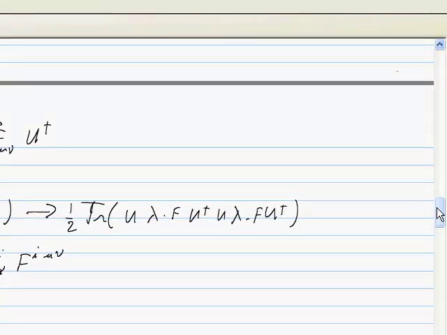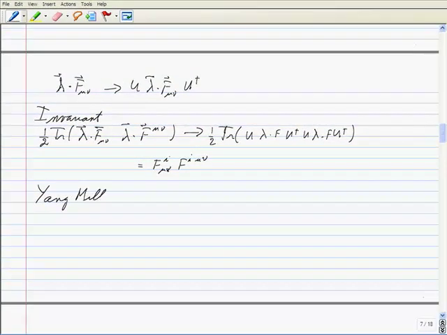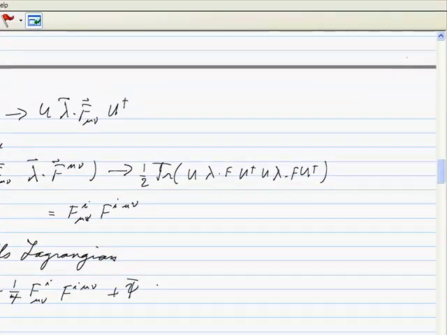Okay, so we've got an invariant out, and this way we can write an overall Lagrangian. So this is the Yang-Mills Lagrangian. We have L is -1/4 F mu nu I F I mu nu plus psi bar D slash minus m psi.